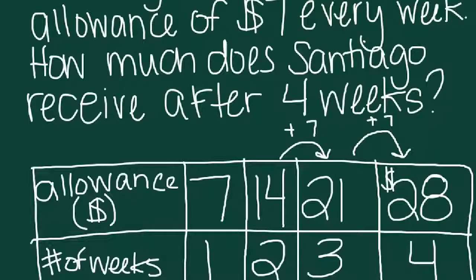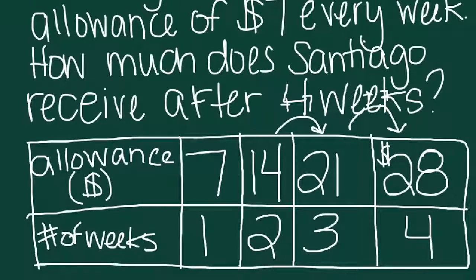Another cool thing about ratio tables is that they allow us to use this information to build a graph. We want to know how much he receives after 4 weeks. We're measuring our information based on how much money he makes per week, so we're going to graph this as money per week.